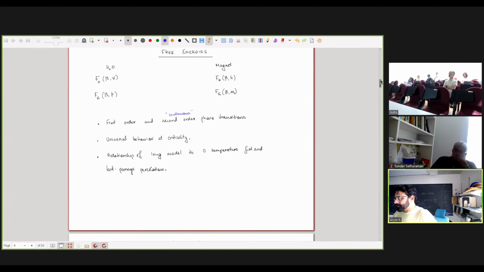And the polymer model is a finite temperature version of first and last passage percolation. This connection is related to the existence of bi-infinite geodesics in first and last passage percolation. It's due to Newman.